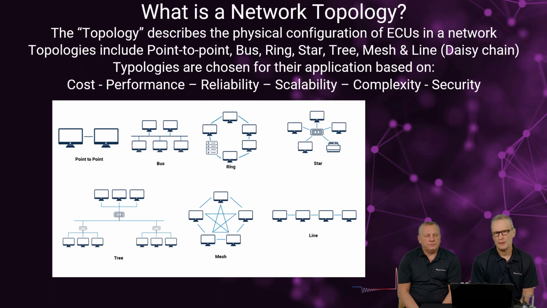Reliability: think about brakes in networks, an open circuit, can it still function? Scalability: can we add to what we've already put on, so accessories and such. Complexity: on some vehicles, not so important; on others, unnecessary complexity is wasted money, wasted effort. And another one is security as well.